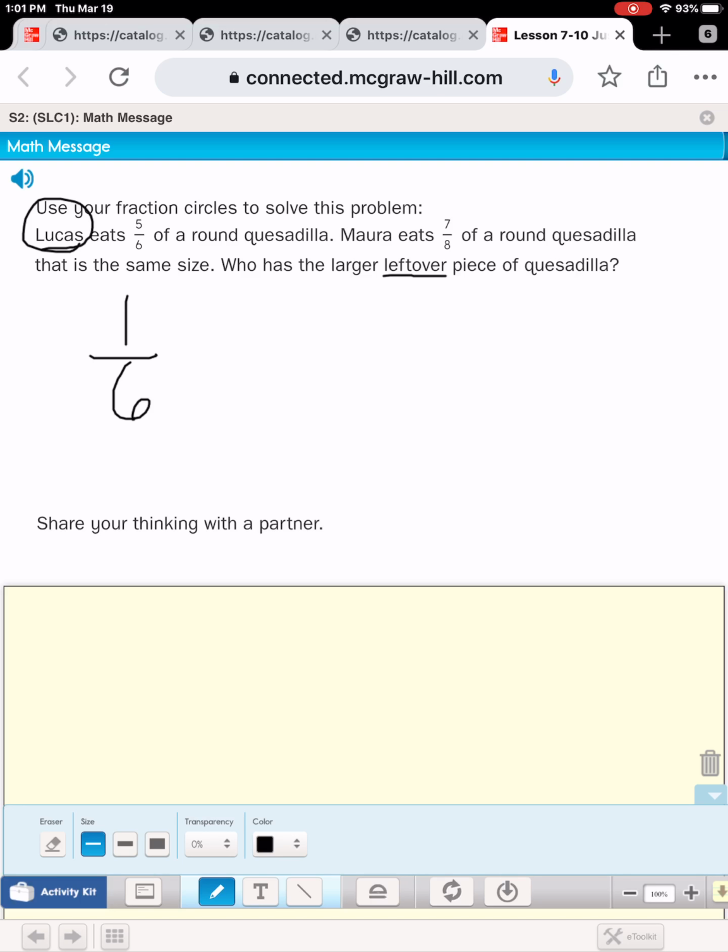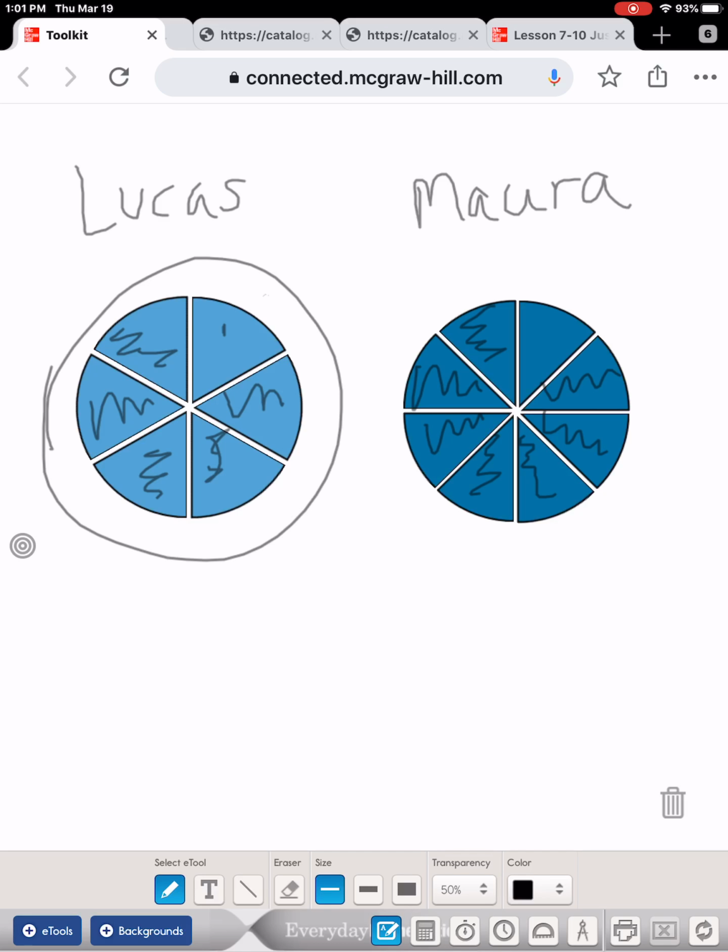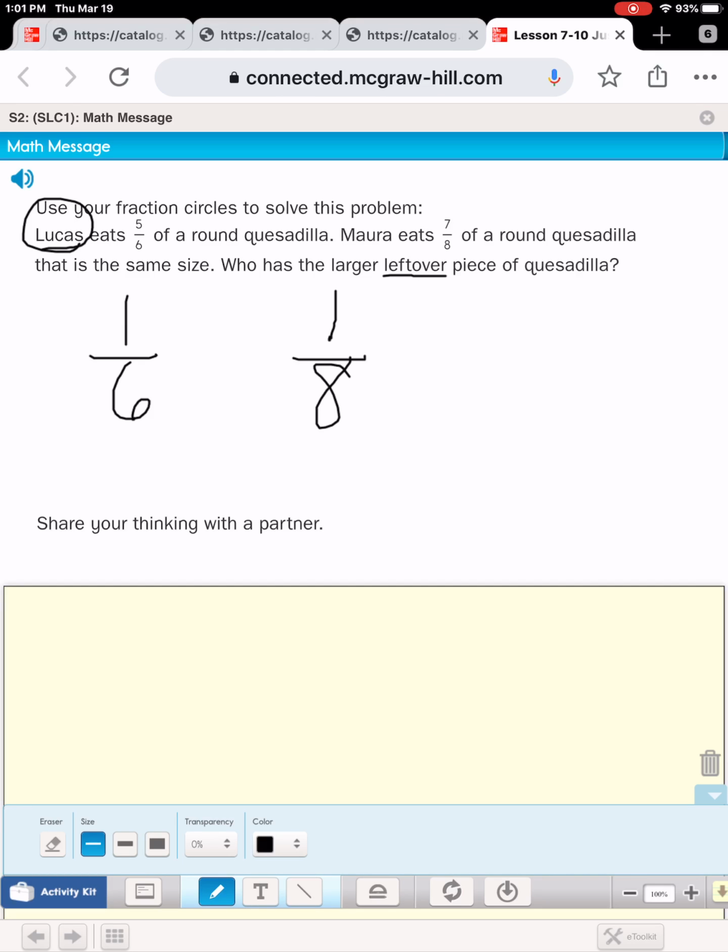Mara had 1/8 left of her quesadilla. She had this one out of all 8. And we can see that 1/6, Lucas's leftover piece, was bigger than 1/8. So we can write the number sentence, 1/6 is greater than 1/8.